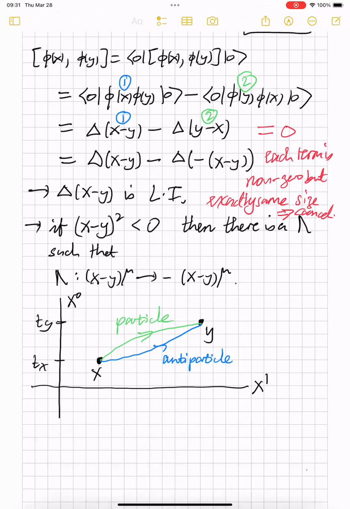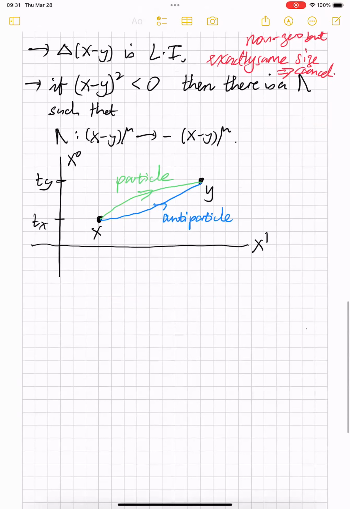And what happens is this particle and the antiparticle amplitudes exactly cancel.